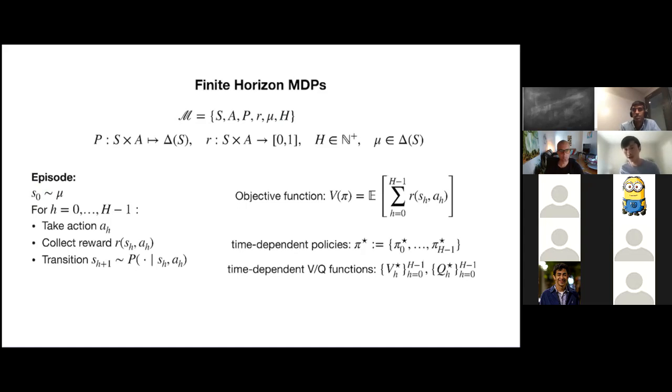If you see the same state at the first time step and at the last time step, of course the optimal action will depend on the time. If you're at the last time step, there's no need to be strategic. Just pick the action that achieves the highest reward. But if you are at the beginning, you may have more freedom to do some strategic stuff.